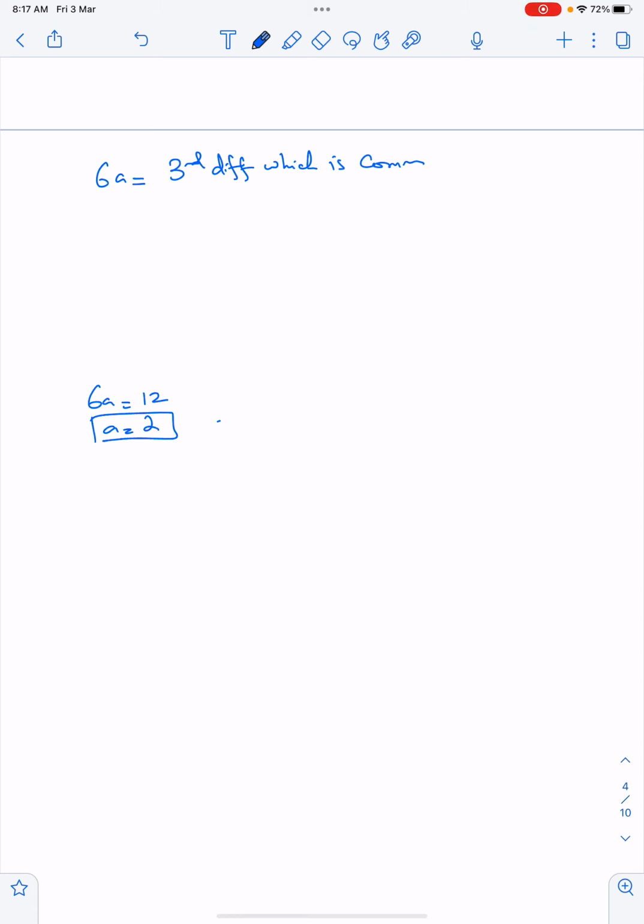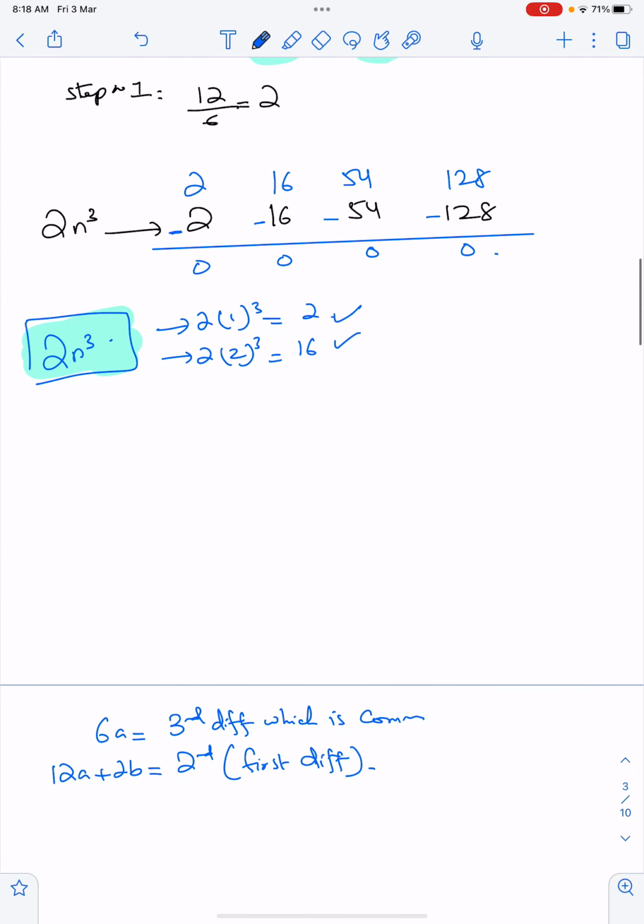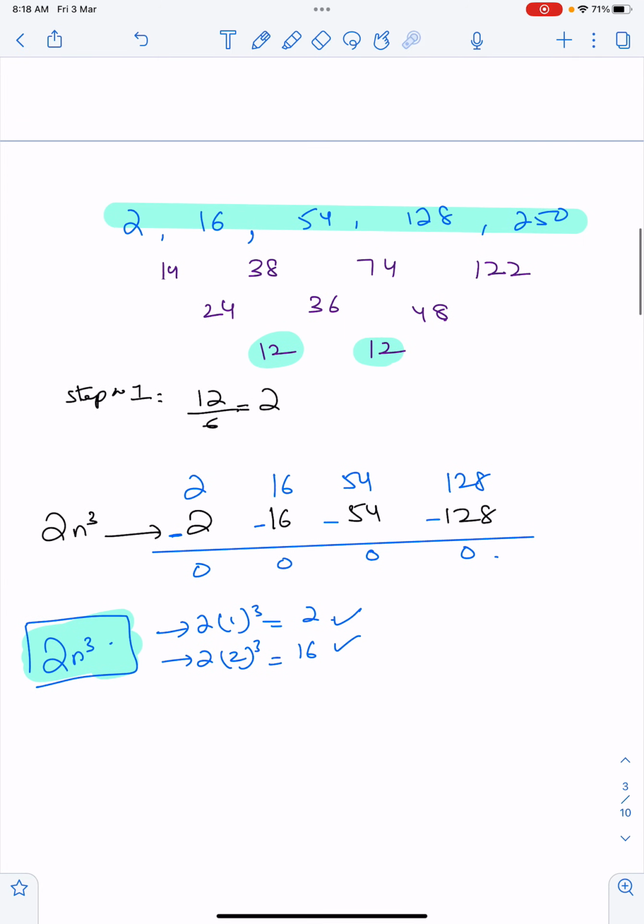Then you write down 12a plus 2b equals the second first difference. Why am I using the word first here? Second difference obviously was not the same.